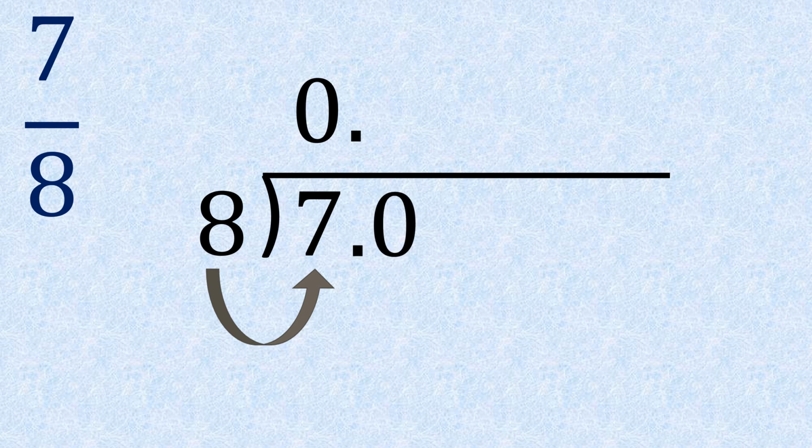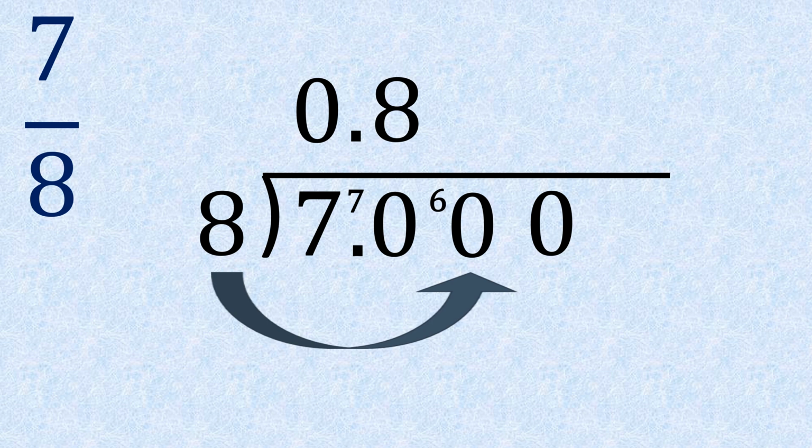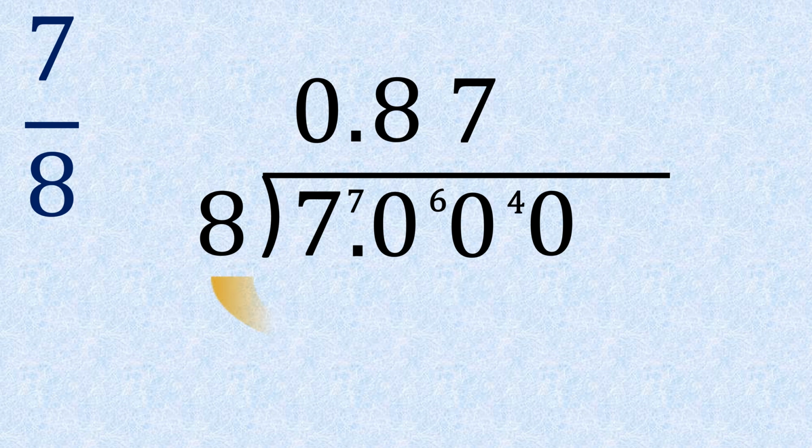So that gives us now 70. 8s into 70, well we know 8 eights are 64, so we put 8 on the top line, and that gives us a remainder of 6 that we carry over, so now we have 60. 8s into 60 goes 7 times, and again we have a remainder of 4, carry that over, giving us now 40. 8s into 40, that goes nice and neatly again, just 5 times, so our answer is 0.875.